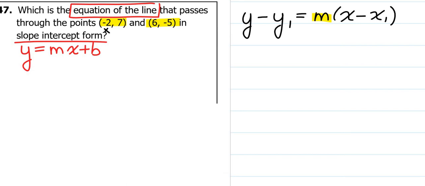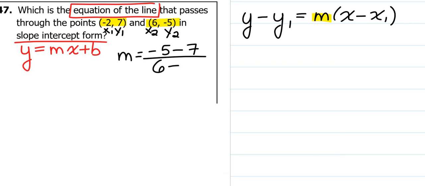So this is my x1, y1, x2, y2. So m equals negative 5, or y2, minus y1 is 7, over x2, which is 6, minus x1, which is negative 2.